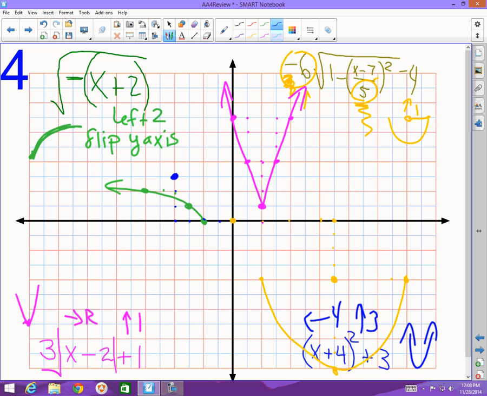And then just like with any parabola, it's over 1 and up 1, over 2 and up 4, over 3 and up 9. And same thing this side. 2 and 4, 3 and 9. And so it goes like this.